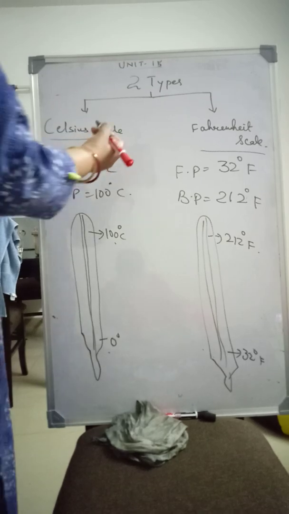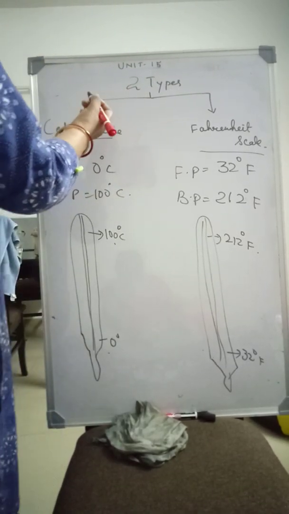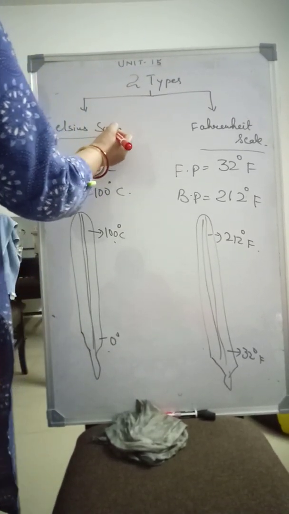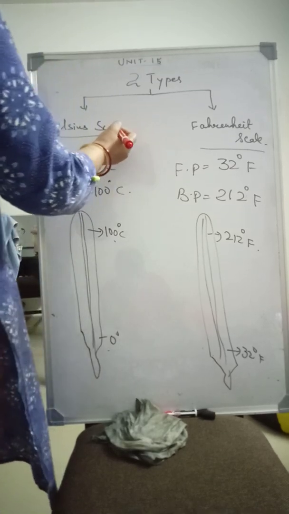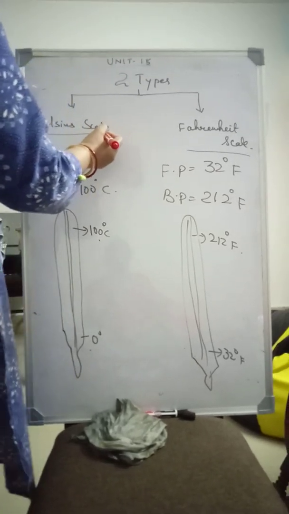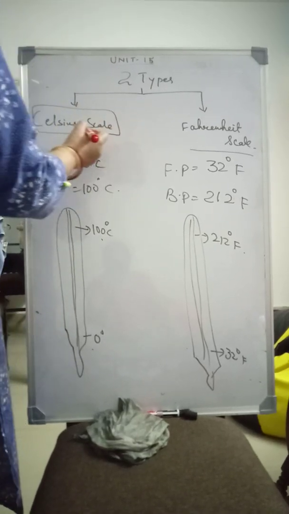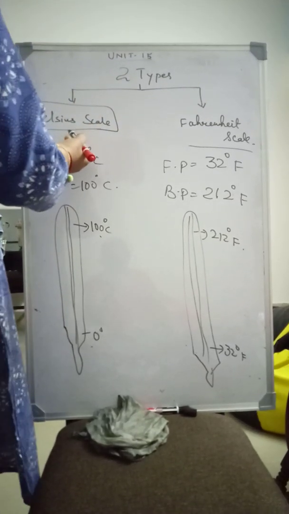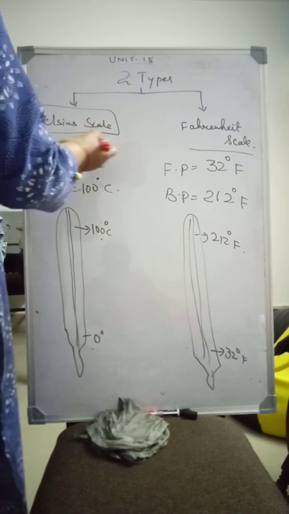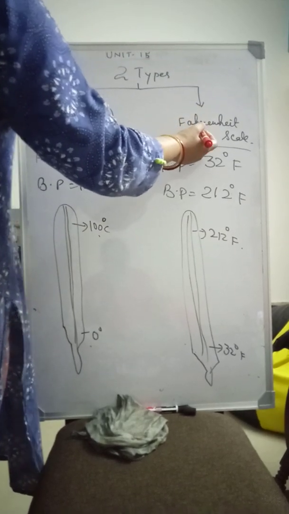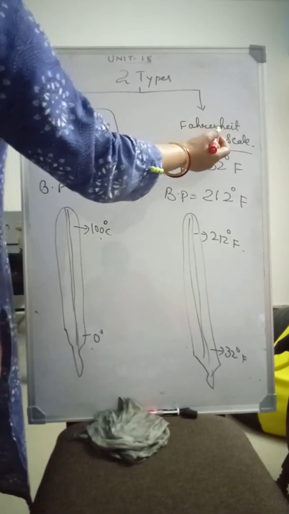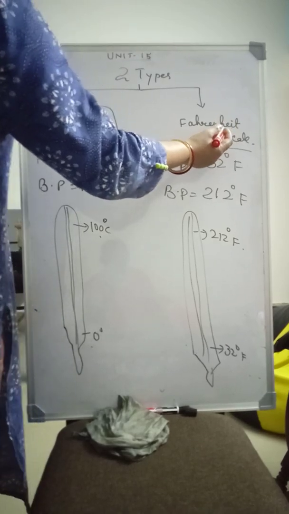Now do you know, children, the Celsius scale is named after the Swedish astronomer A. Celsius. And this Fahrenheit scale is named after a German scientist G. Fahrenheit.